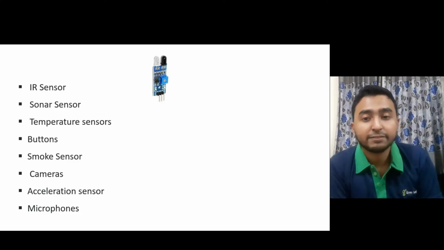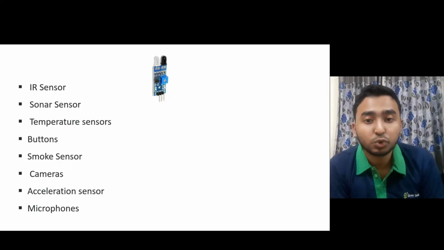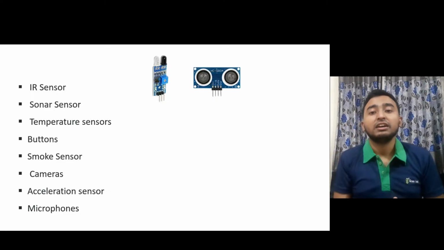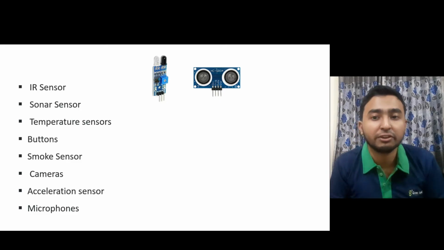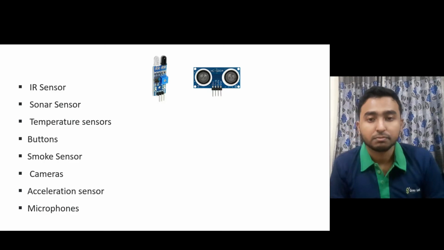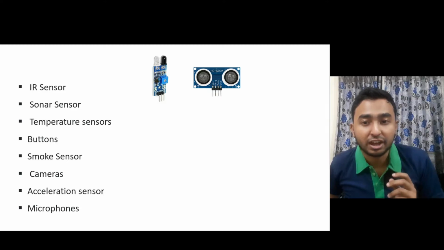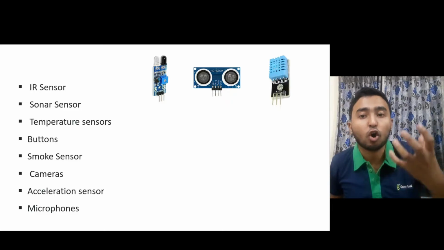Next up, we have the sonar sensor, also known as the ultrasonic sensor. This sensor deals with sending and receiving sound waves, very common in collision avoidance devices and object counting. Then we have the temperature sensor, and in most cases temperature sensors are added with humidity sensors for hobbyist projects.